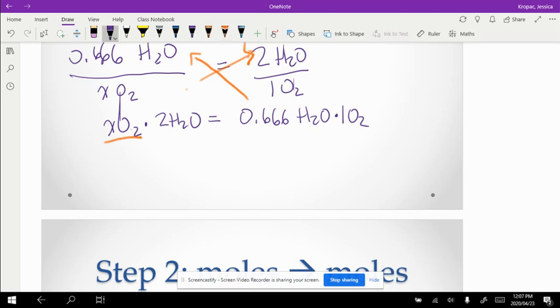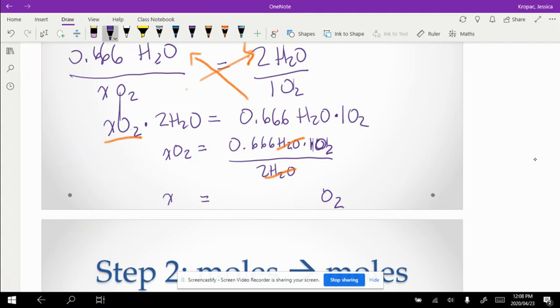So we're going to have our XO2. My top part is going to stay the same. But now on my bottom, I'm dividing by that 2H2O. Again, if we've done this correctly, my units are going to cancel out. So this H2O is going to cancel out. This H2O is going to be canceling out, and I'm going to be left with O2, which is what we want.